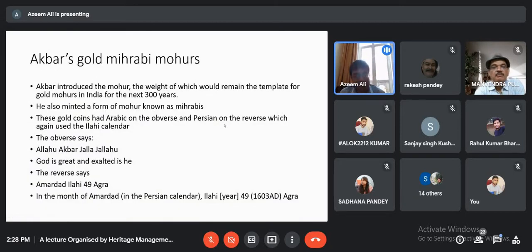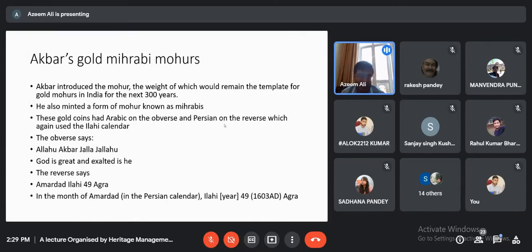And Akbar also struck the first kind of mohurs, and the weight of these coins would remain the template for gold mohurs in India for the next 300 years. He also minted a form of mohur known as Mirabi. These gold coins had Arabic on the obverse and Persian on the reverse, which again used the Ilahi calendar. The obverse says Allahu Akbar Jalla Jallahu, which means God is great and exalted is he.